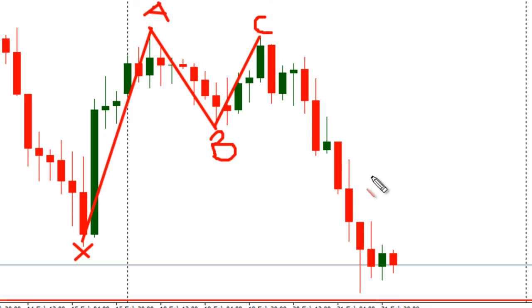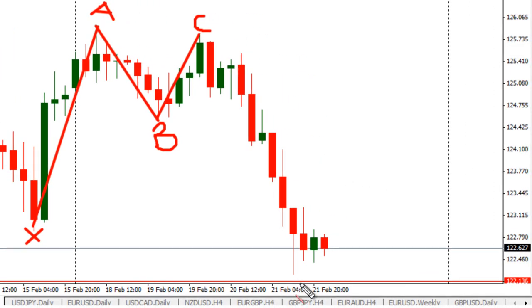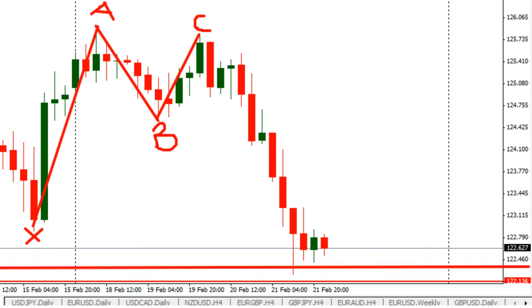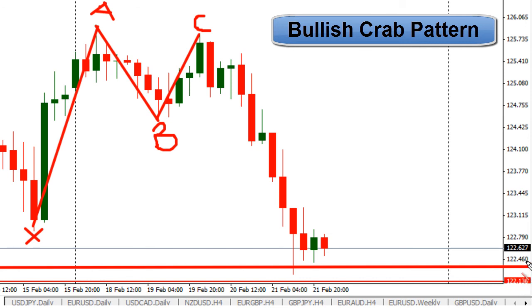Now I told you our point D is around 122.23 to 122.34. 122.23 is around here. 122.34 is around here.